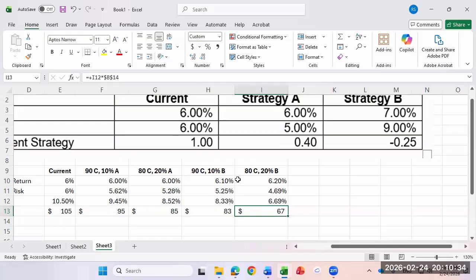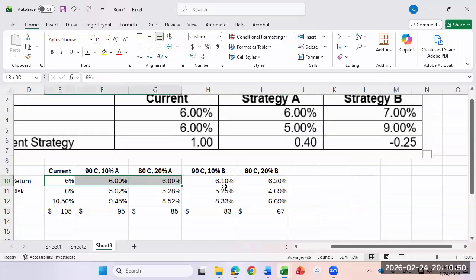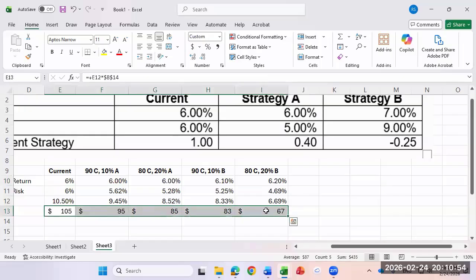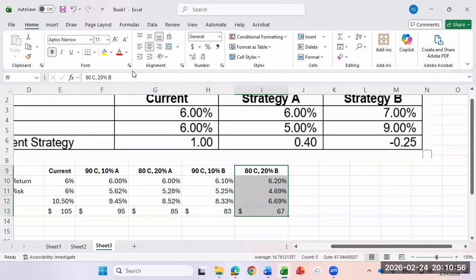Which of these looks the best to you? This one's pretty obvious, isn't it? The one with the highest return also has the lowest risk. That sounds phenomenal. What did your boss say that she wanted? Return the same or higher. They all meet that criteria. And a VAR below 70. So you're going to recommend that one.